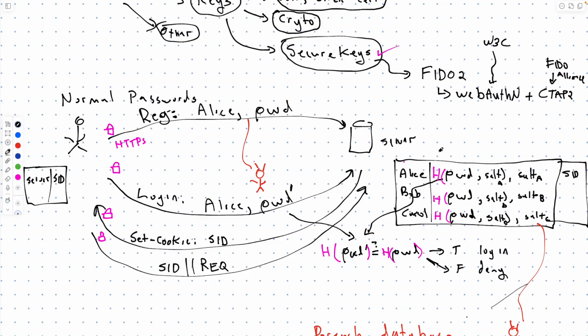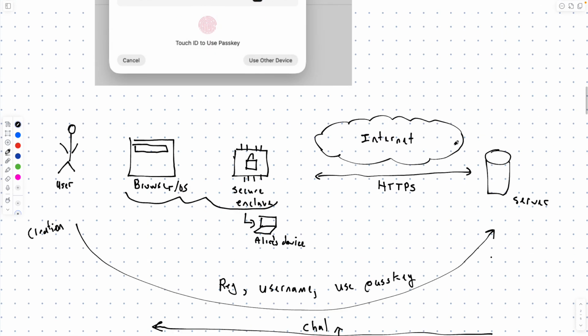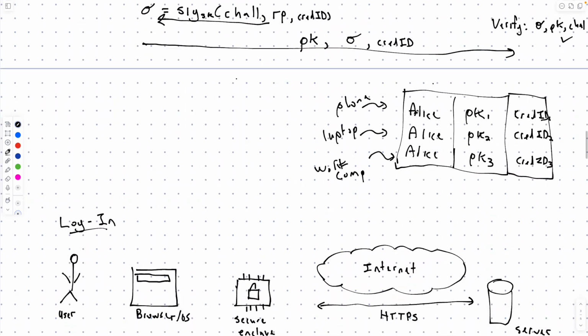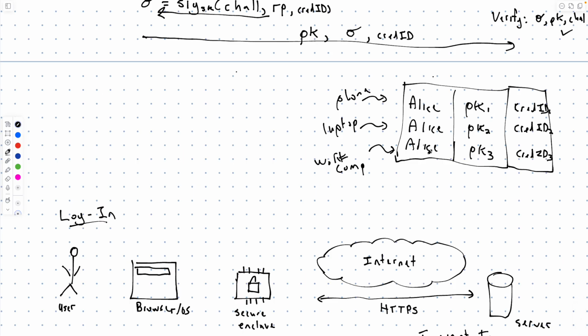I still get that, and I can still break it with exhaustive search if it's a password that I can guess ultimately. But this sort of slows me down. Okay, here this is what I'm going to get. I'm going to get that Alice has 3 passkeys. There's 3 public keys, and there's some credential IDs that are associated with that. Does that help me in any way impersonate Alice?